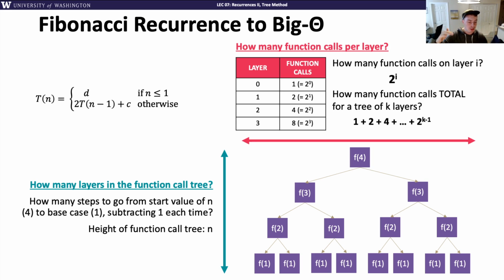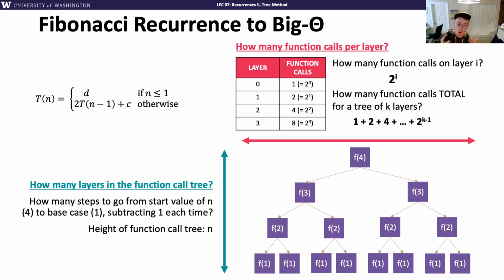So in k layers, layer 0 is included, and we can't include 2 to the k. When I'm talking about k as being 4, a tree of height 4, we stop counting at 2 to the 3, 8 things. So we stop 1 early in some sense. Okay, so that's a little tricky to wrap our head around in this simple case of just 4 things.